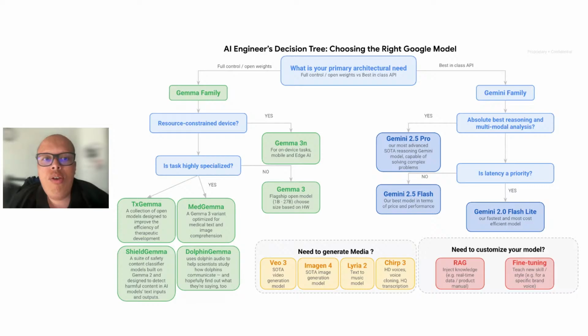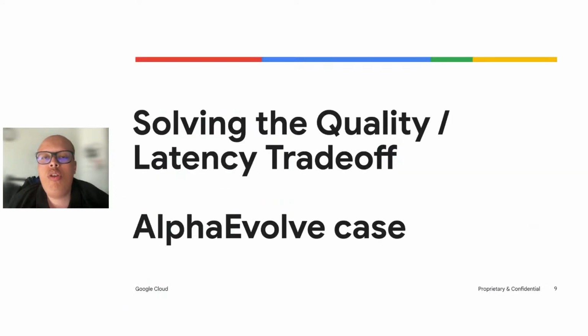But no one said that you should only stick to one model, because agentic applications today could be multi-agent. You can have an orchestration agent that is delegating tasks to different agents.